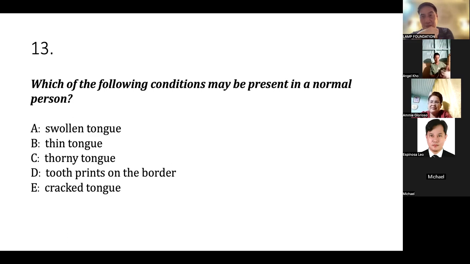Yeah, it doesn't mean anything. It means talagang mahina yung constitution mo. It doesn't mean na sick ka na. Normal pa ang may cracked tongue. Yun nga lang, you have to be maingat already, and we have to encourage these people to have twice a month acupuncture treatments.